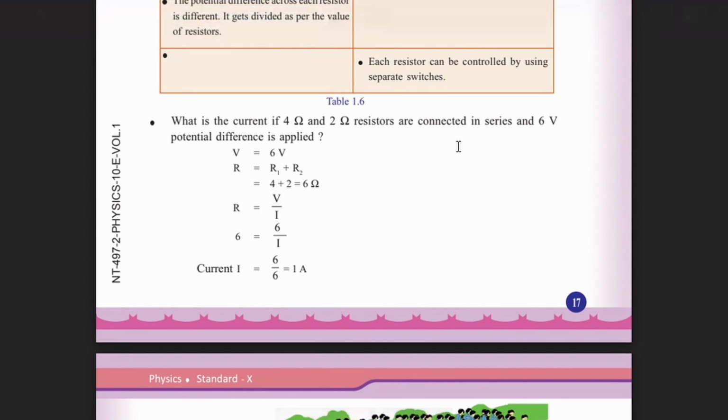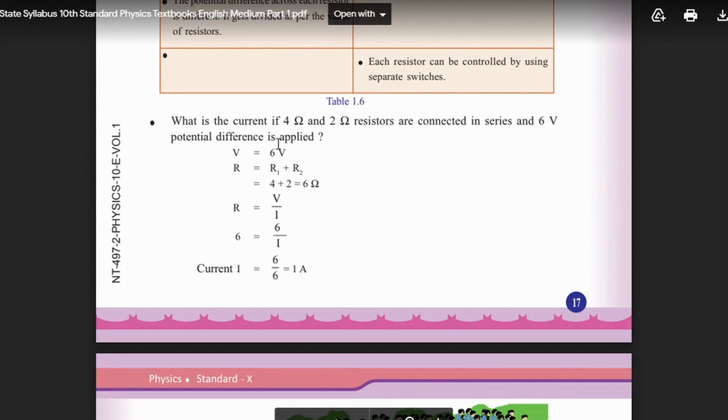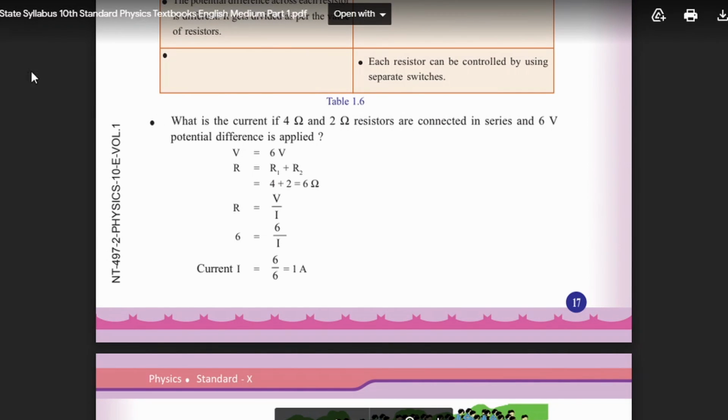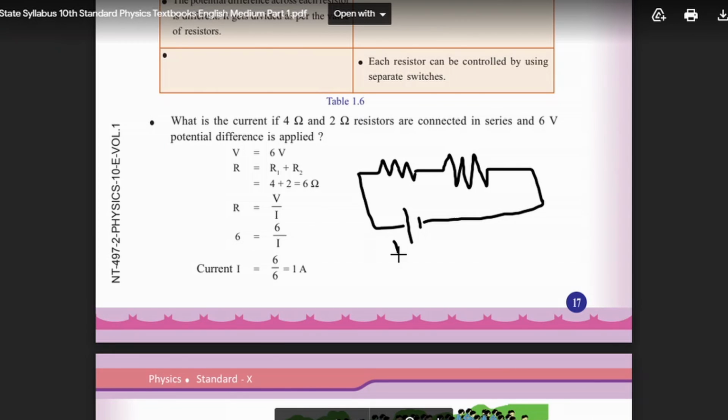Now here is one sum. What is the current if 4 ohm and 2 ohm resistors are connected in series and a 6 volt potential difference is applied? Just draw the circuit with 4 ohm and 2 ohm connected with a 6 volt battery.